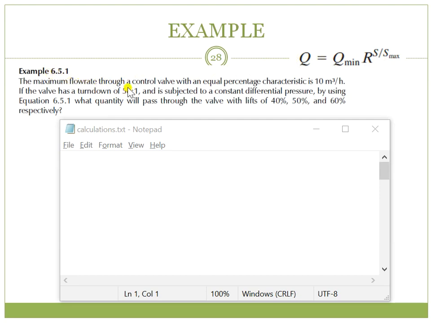The maximum flow rate through a control valve with an equal percentage characteristic is given by 10 meter cube per hour.